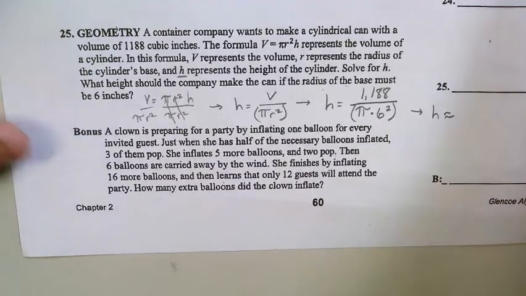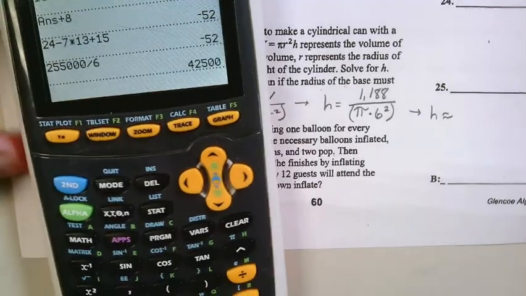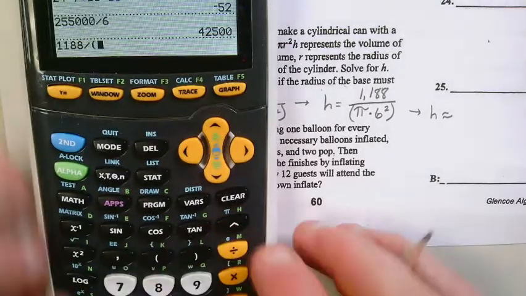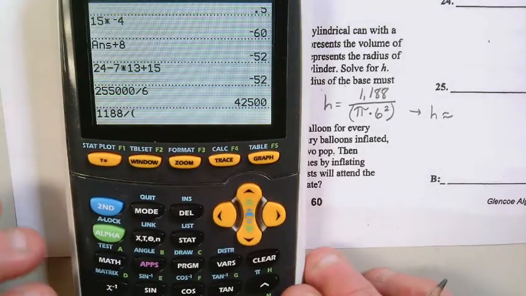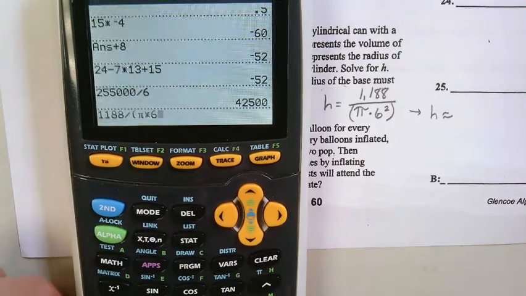So what will the height be? Let's see here. I'm going to go ahead and do 1,188 divided by parentheses. You can see that there. Pi times 6 squared.